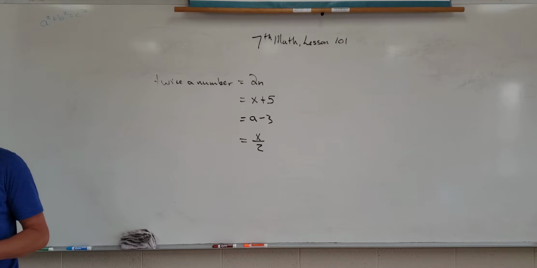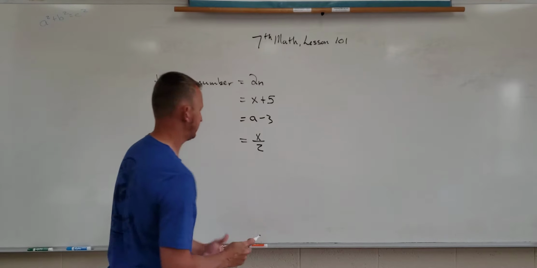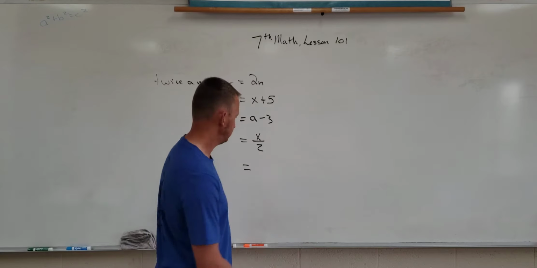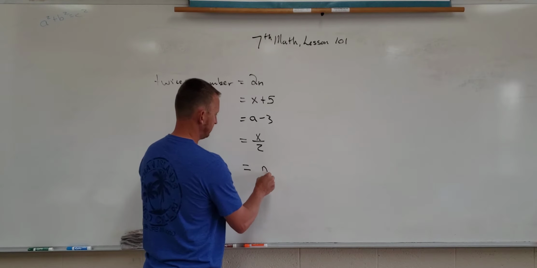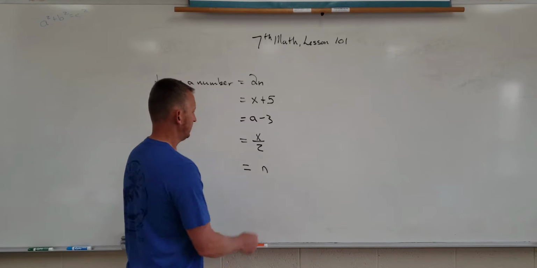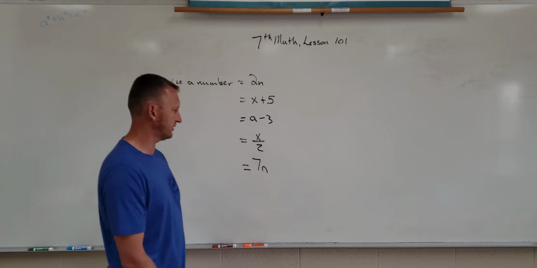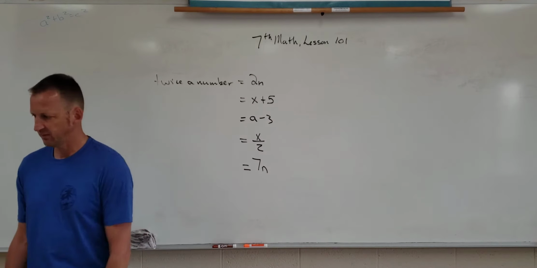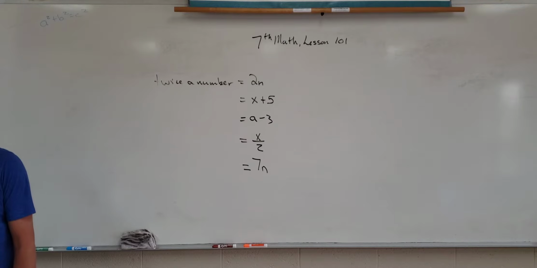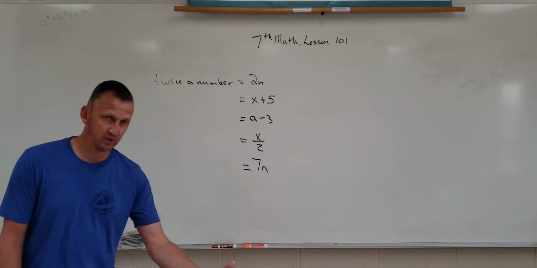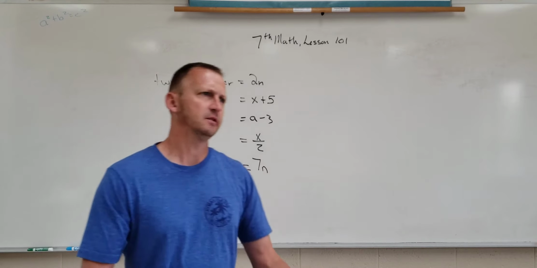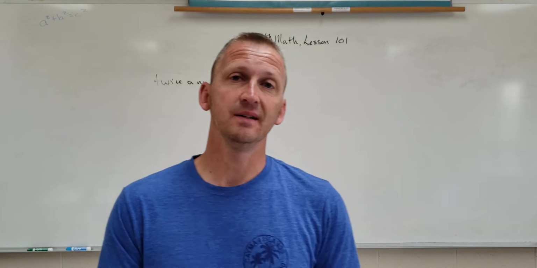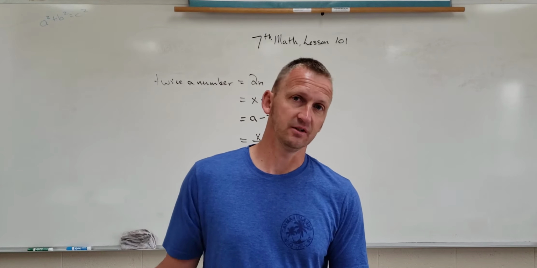Our 5th phrase says the product of a number and 7. Now, product means multiply. So the product of a number, let's use N for that number we don't know, and 7, product means we're multiplying side by side. Product of a number and 7. And then the last one is an actual full equation. If we go back about halfway through the year, we have the word is and the word of in this phrase.